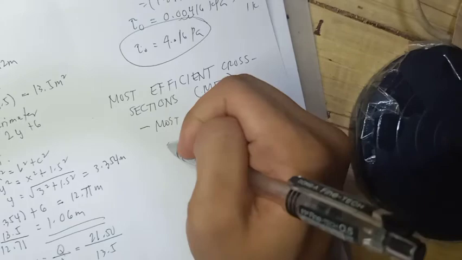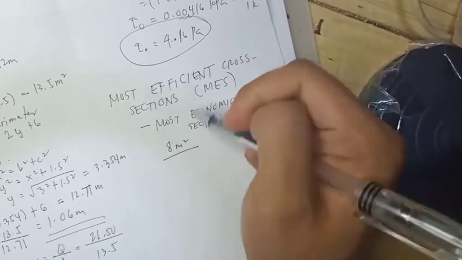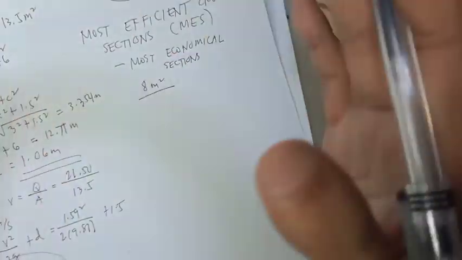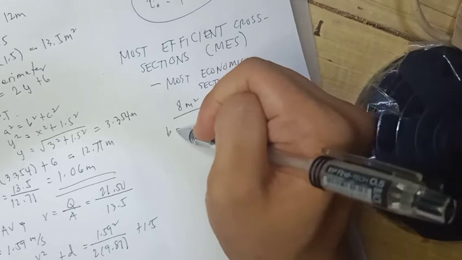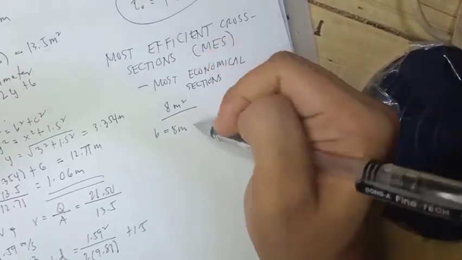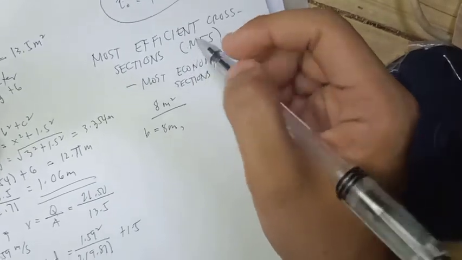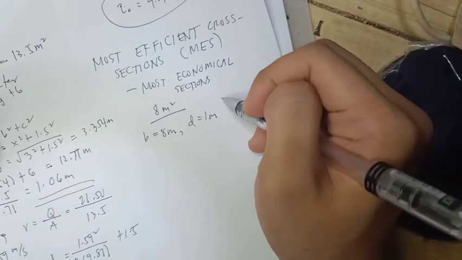Given this real-life situation of 8 square meters, rectangular only, the first option is a base of 8 meters and a depth of 1 meter, so 8 times 1 is 8.